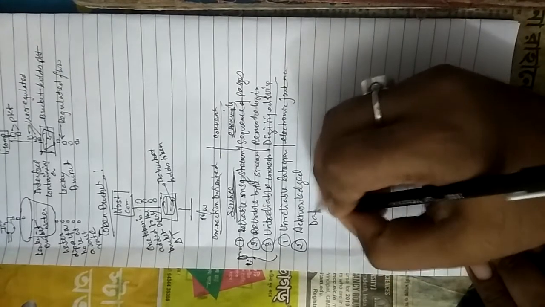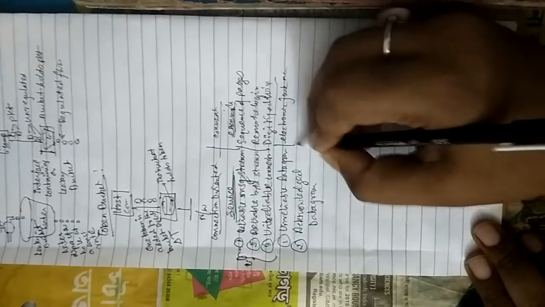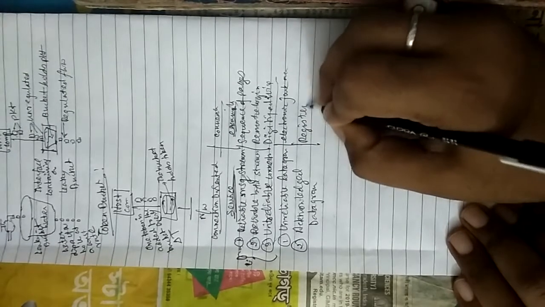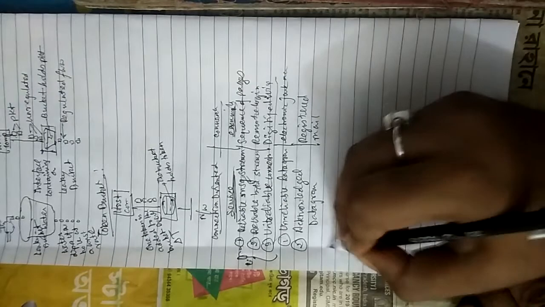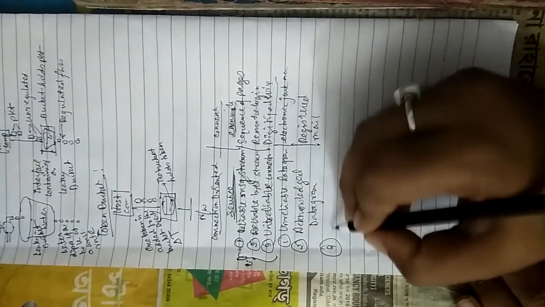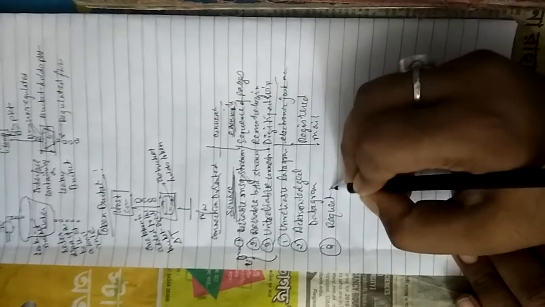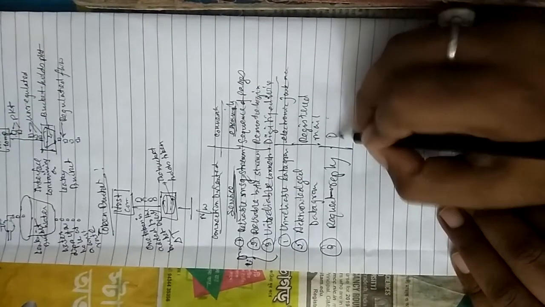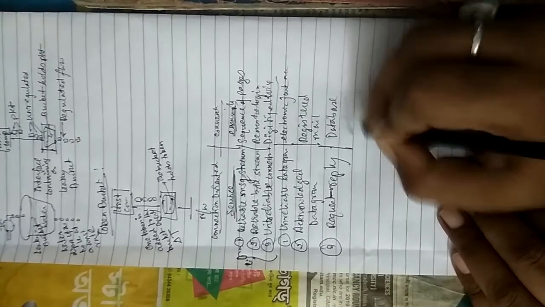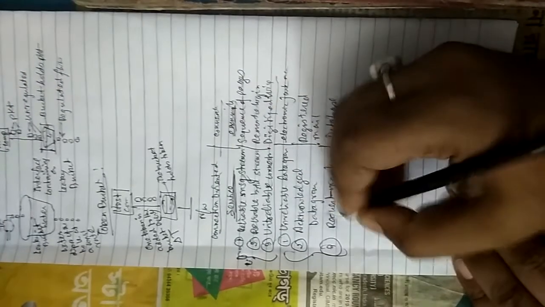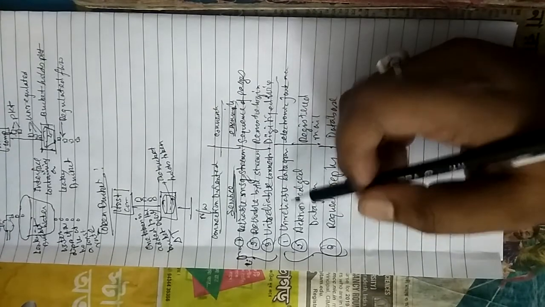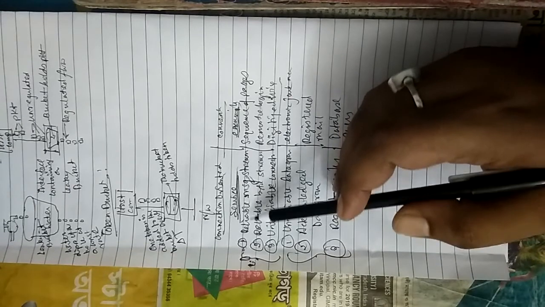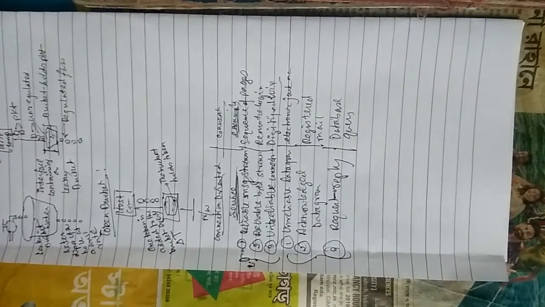What is the example? The registered mail. And number 3 is request reply. An example is database query. So these three fall under connectionless service. So the first three are connection oriented, and these three are connectionless services.